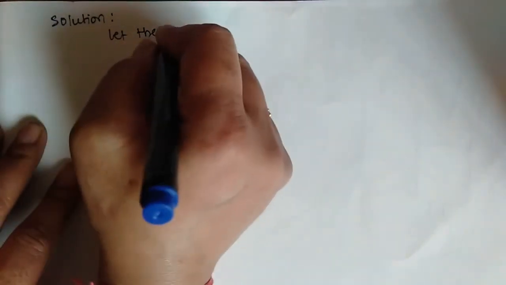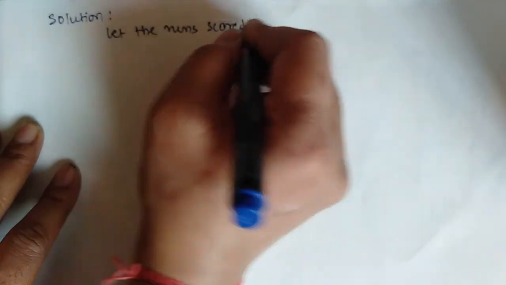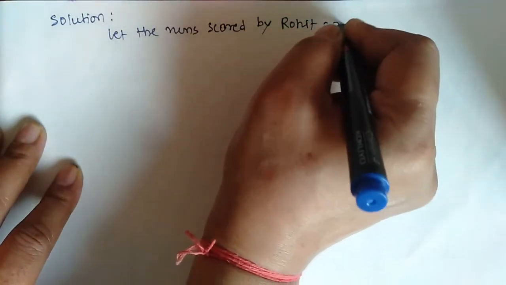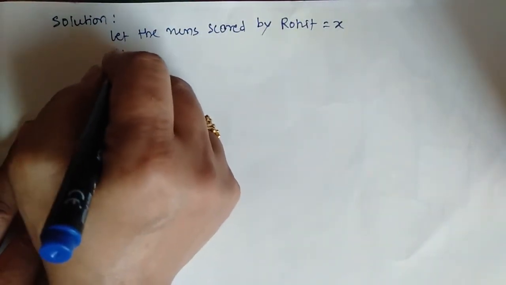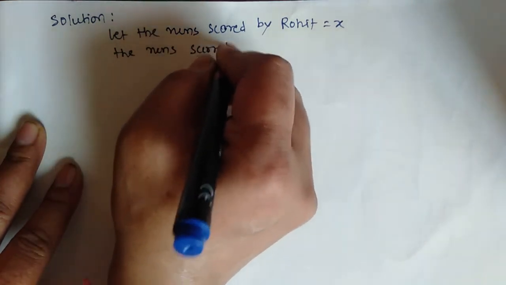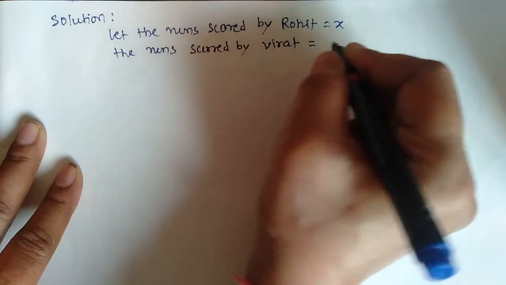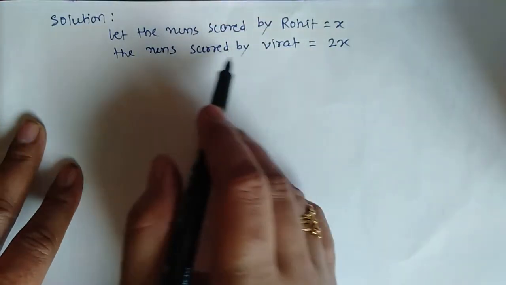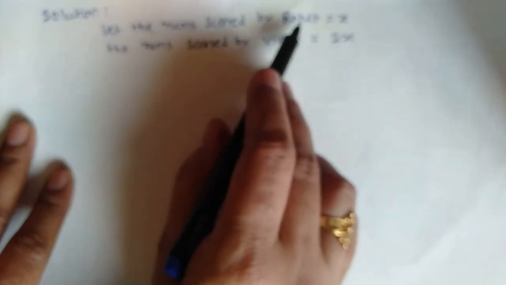See the solution. Let the runs scored by Rohit is equal to x. So therefore the runs scored by Virat is equal to twice x, because Virat's runs are twice than the Rohit's score.